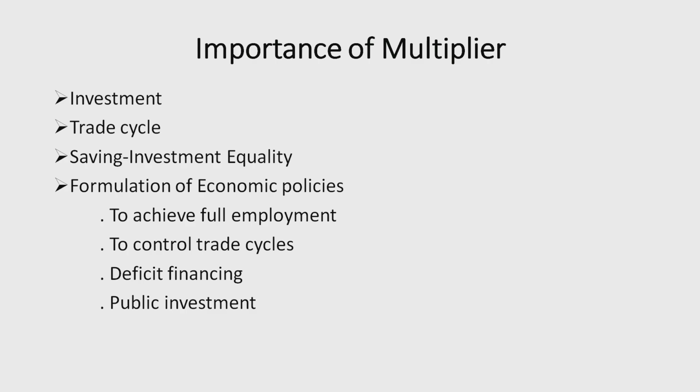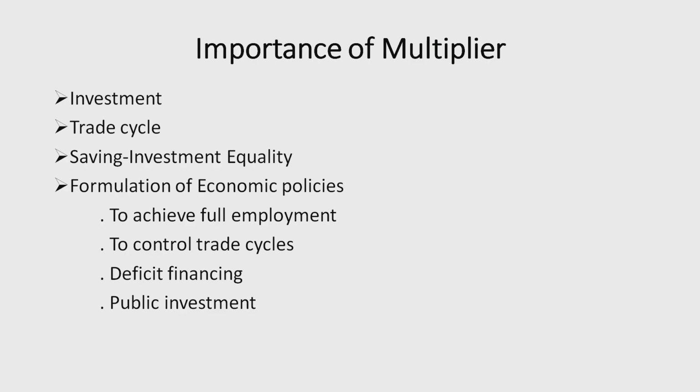When there is a fall in investment, that leads to a cumulative decline in income and employment by the multiplier process and vice versa. Thus, it underlines the importance of investment and explains the process of income propagation.